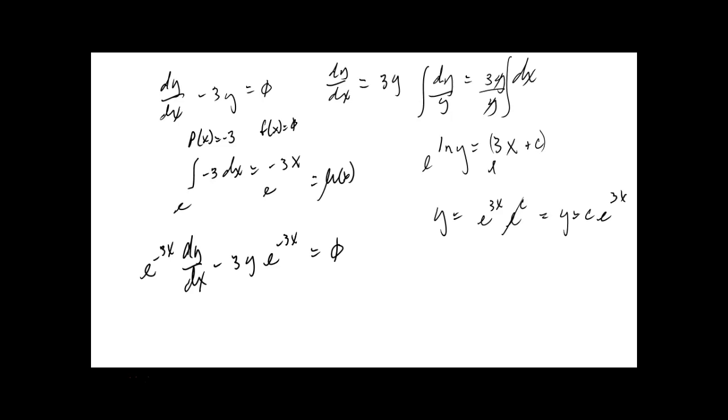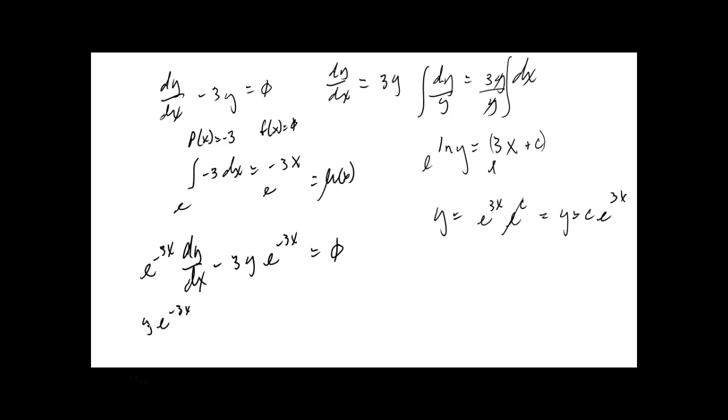Now, at this stage, pause and take a look. Is this a perfect derivative? If it is, it should be the derivative of e to the minus 3x times y. Well, let's see. I'm going to put the y in front.